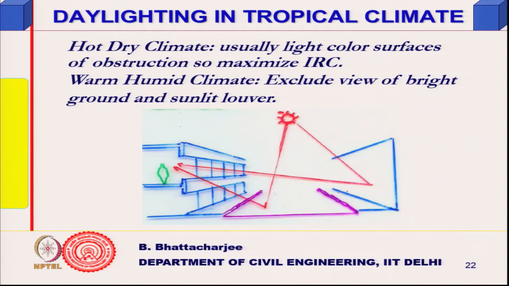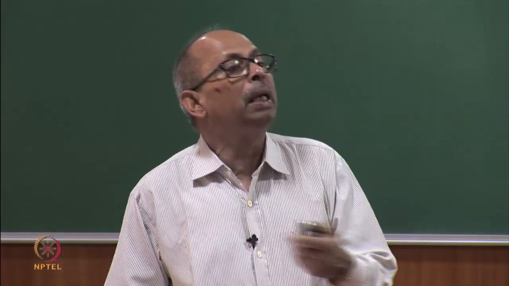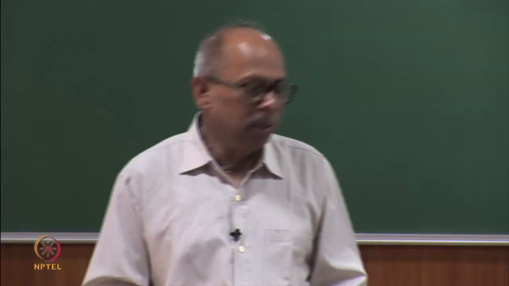For example, light can be reflected from outside or from the ground, and some of it can result in glare, reflected from an outside obstruction. Sometimes in desert areas this can be very bright, so they can cause glare. So, exclude the view of bright ground and sunlit louvers, and if possible put some daylight-admitting fenestration area at the top, because then you will not see them directly, but this may not be feasible all the time.